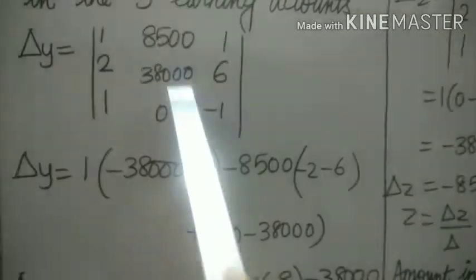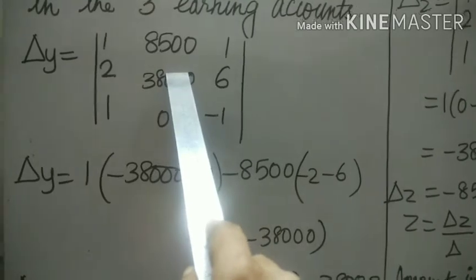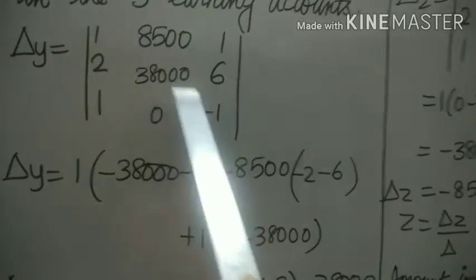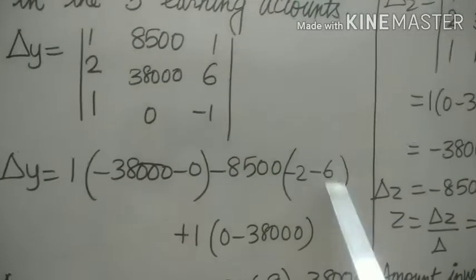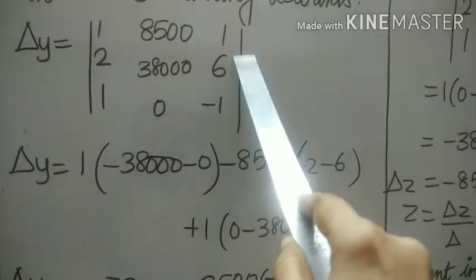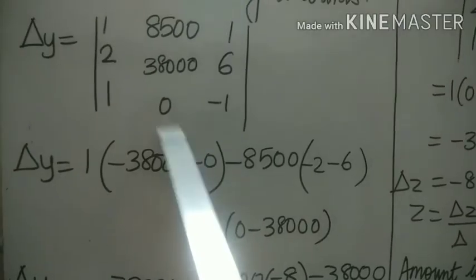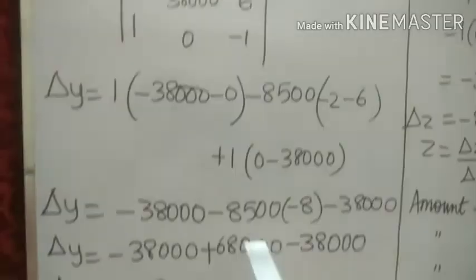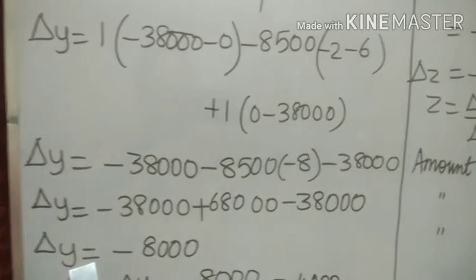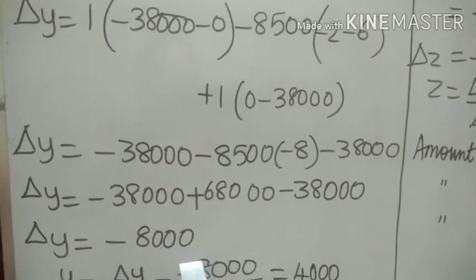We subtract. Minus 8,500 into 2 into minus 1, 1 into 6. So, we subtract and write. Plus 1 into 2 into 0 minus 1 into 38,000. So, as we simplify, we get del Y is equal to minus 8,000.